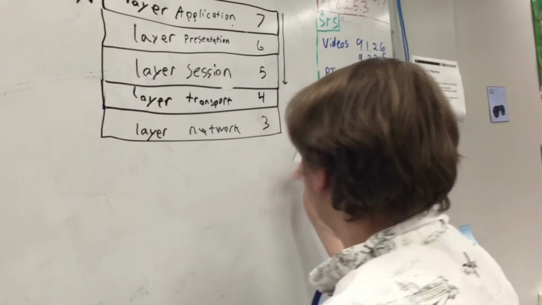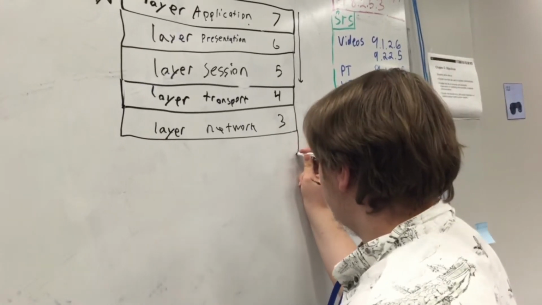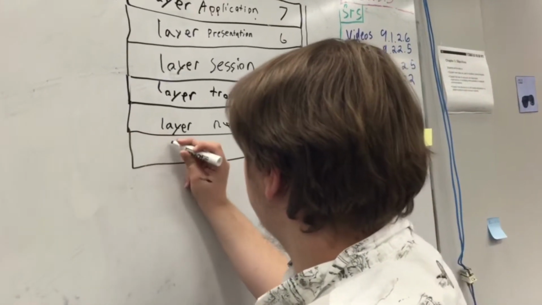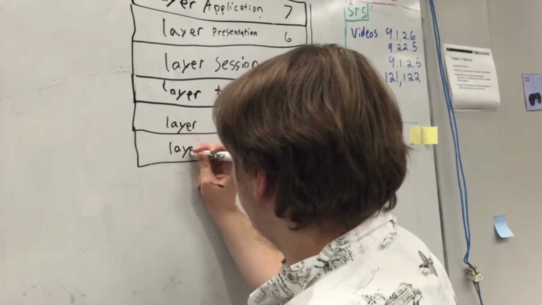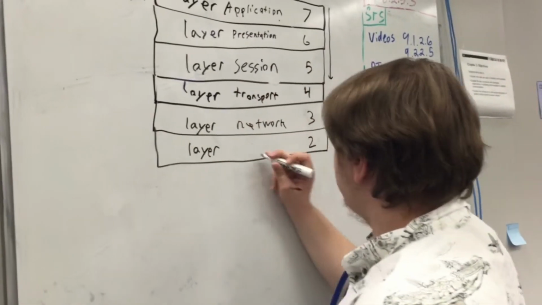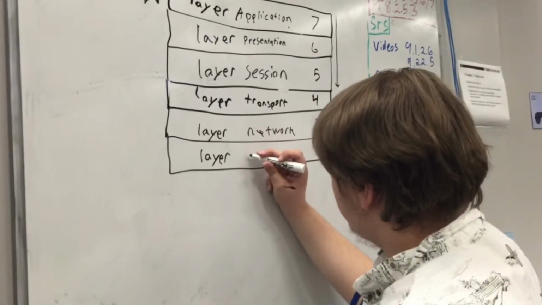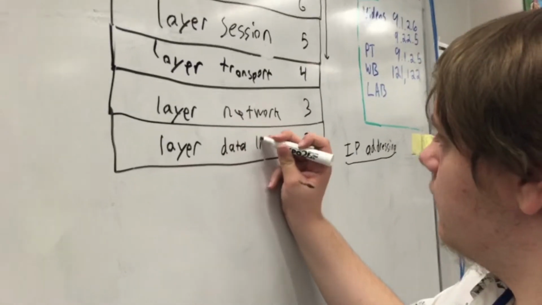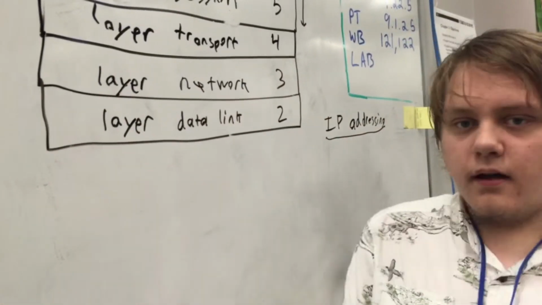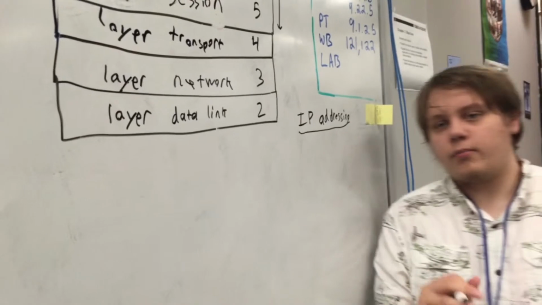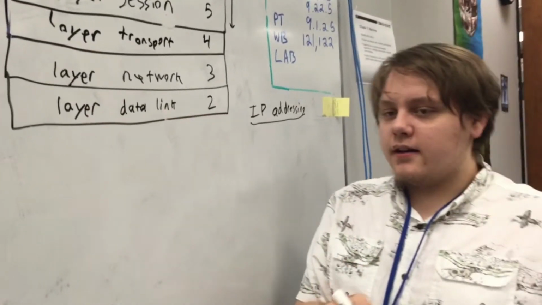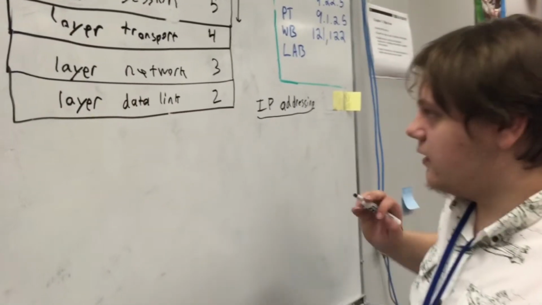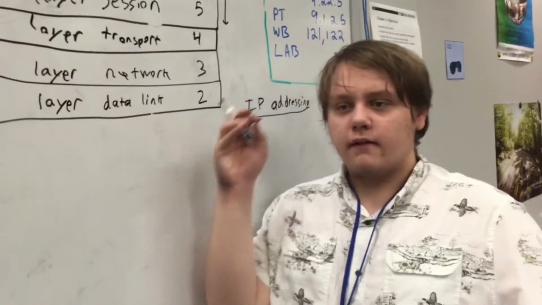And then once it has another IP address, it goes down to layer 2, data link. We're getting closer and closer to the bottom. Data link is exactly what it says.